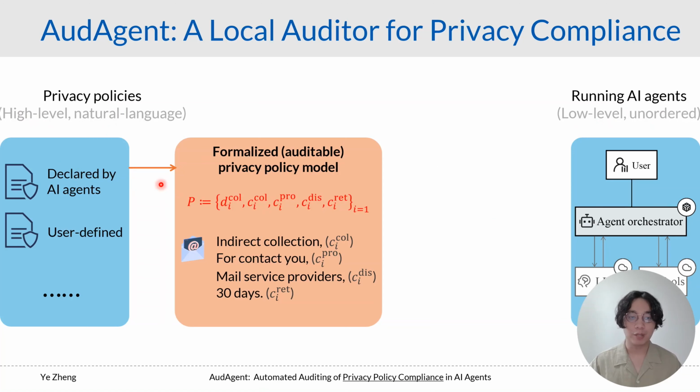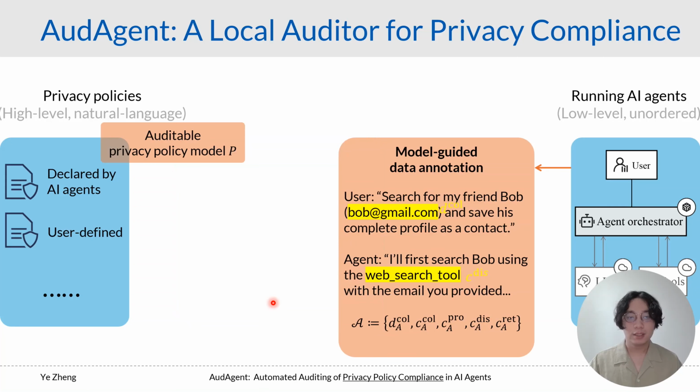So we extract data types from the privacy policies. For each type, we have its collection method, processing, disclosure concern, and retention period. Then we have an auditable privacy model.